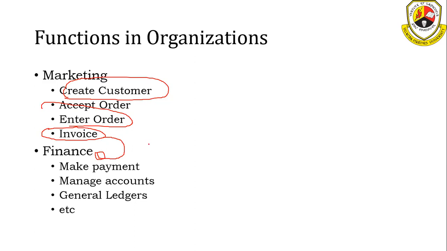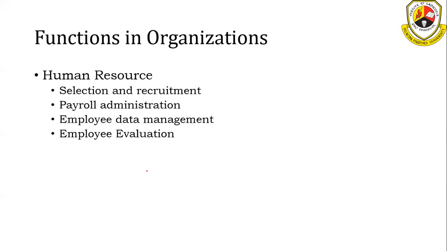So you already see the marketing department as a component feeding into another component of the whole system. The finance department needs to accept payment, manage the account of that customer, and then you have the general ledgers for all other accounting activities.